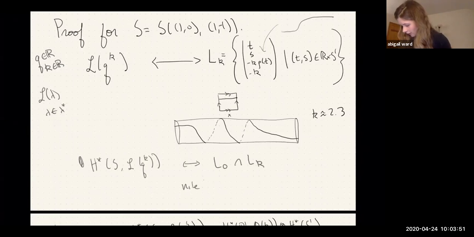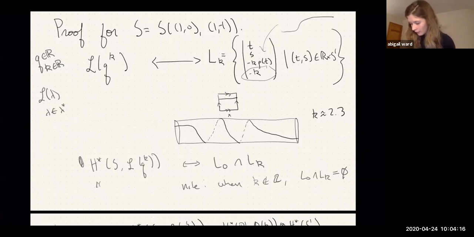Note that when K is not in Z, L0 intersect LK is empty, right? Because this last coordinate is not ever going to coincide.